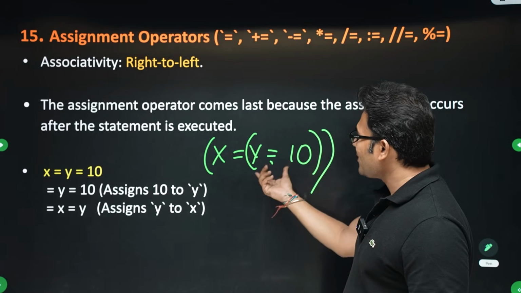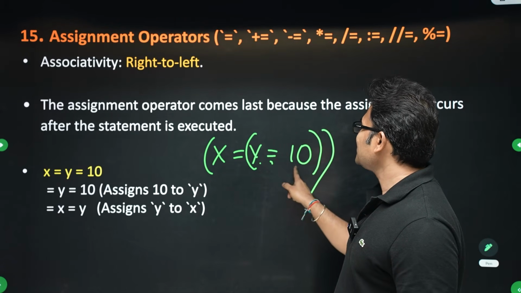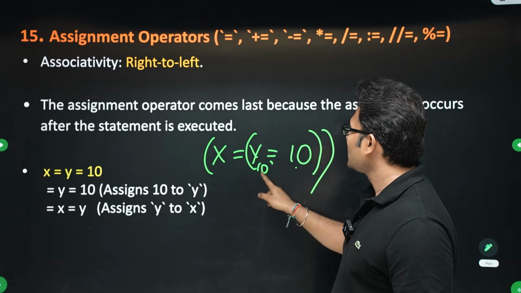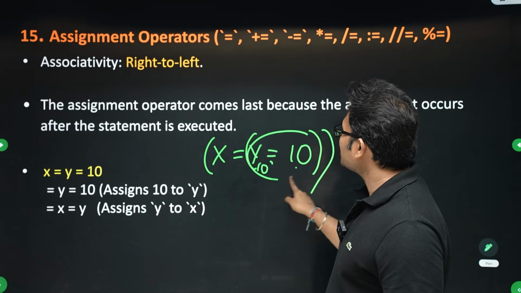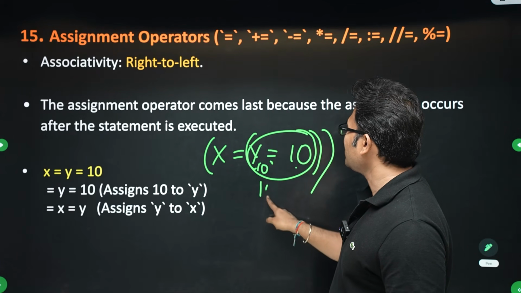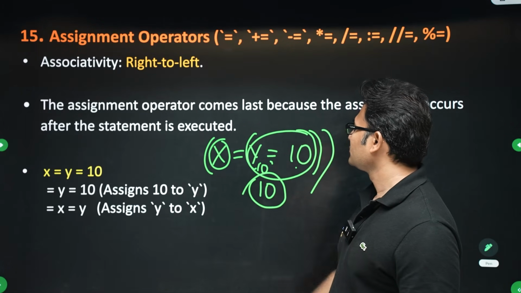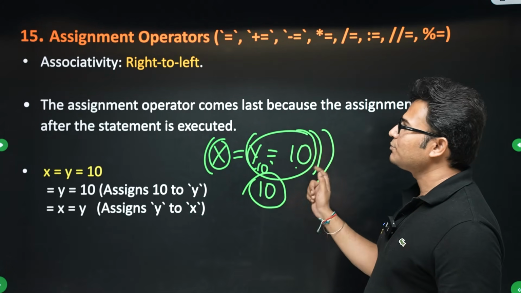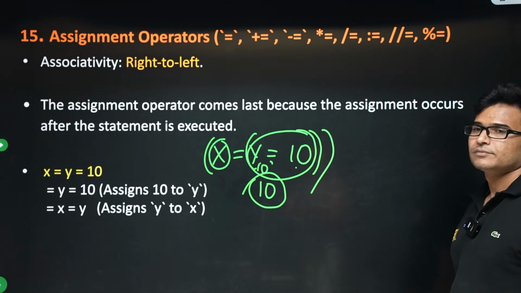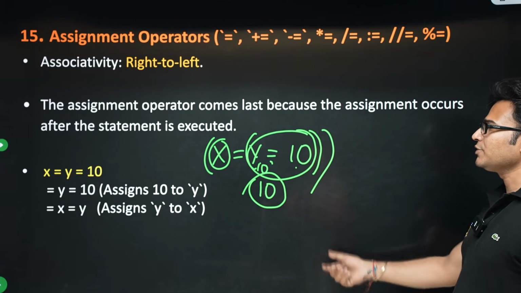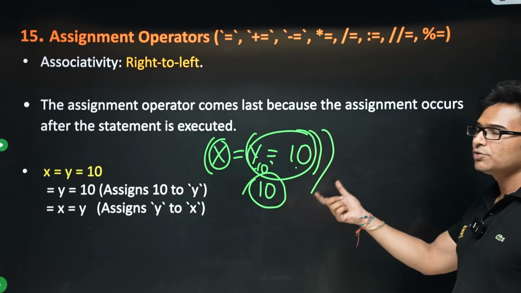So what actually happened here? Y is assigned a value of 10. Now the entire expression value has become 10. Therefore, x has been assigned a value of 10. We will go into depth of this later. Okay. Anyway, I think this is sufficient for you, but if you want, we can even go into depth later.